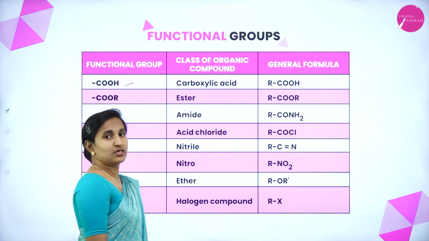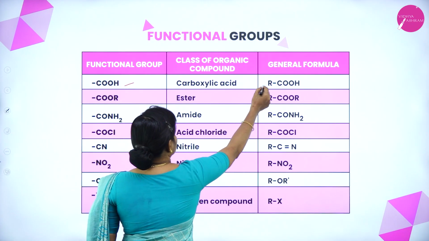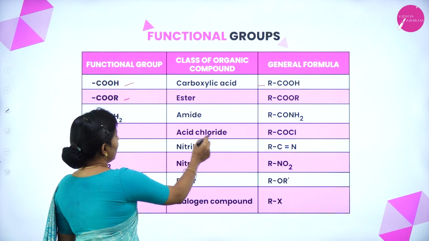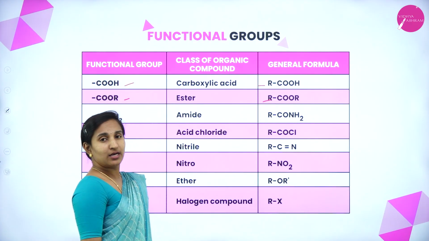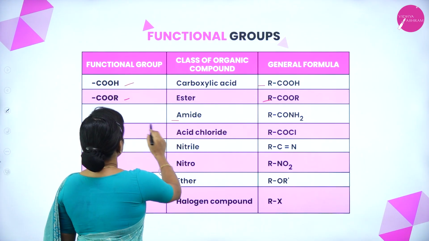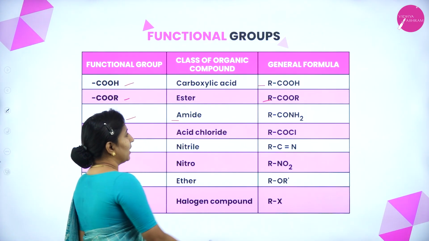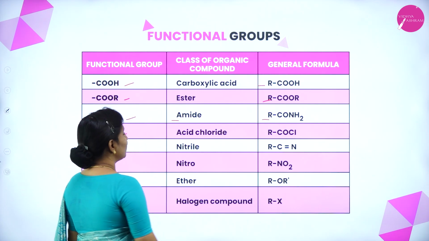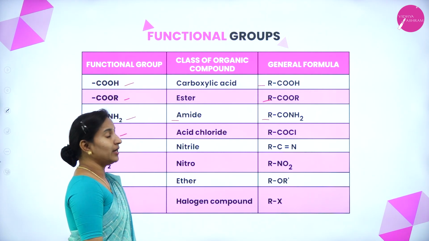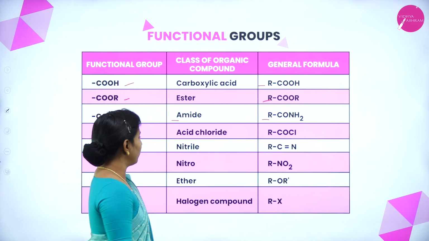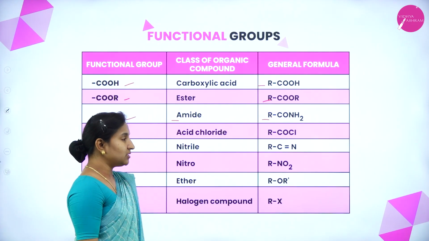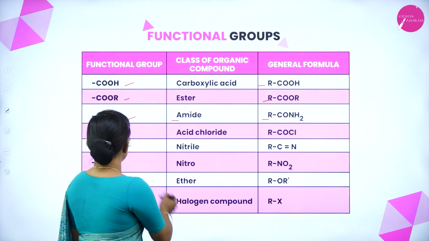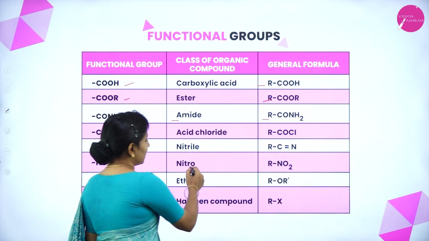Carboxylic acid is COOH, general formula RCOOH. Ester is COOR, general formula RCOOR'. Amide is CONH2, general formula RCONH2. COCl is acid chloride, general formula RCOCl. CN is nitrile, RC triple bond N. NO2 is the nitro group.